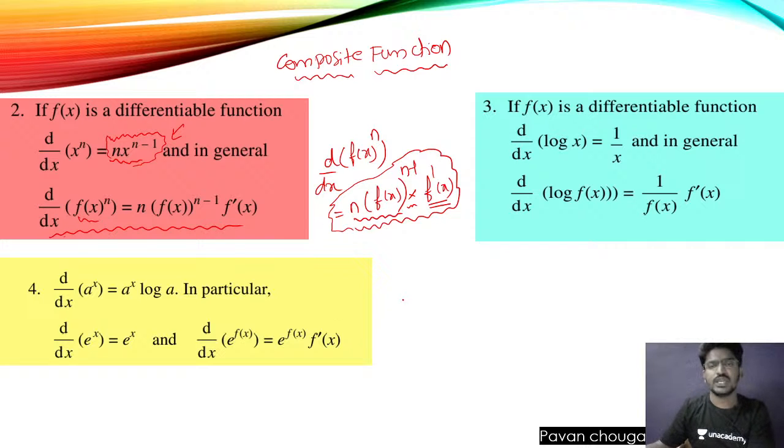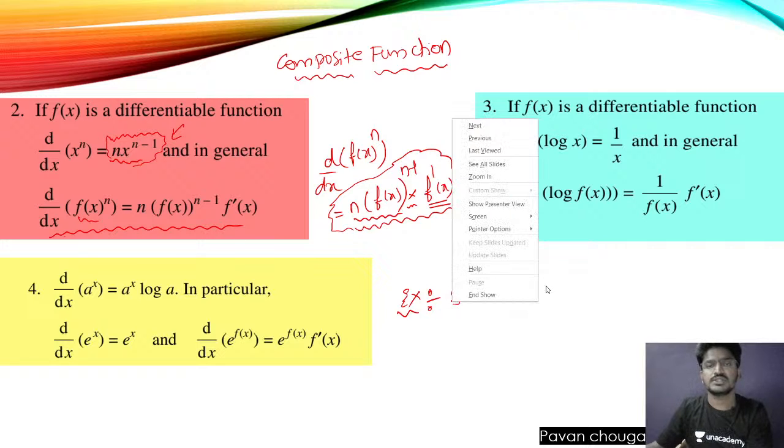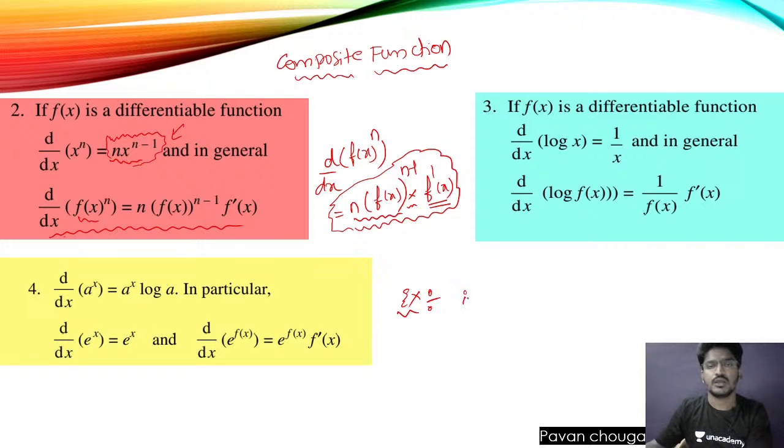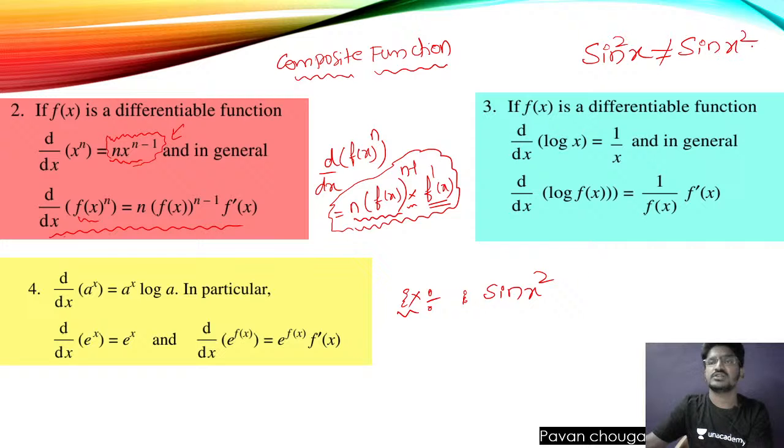Okay, let us take one example so that it will be very clear. See this. If I write sin x square, this thing you have to differentiate. This is not sin square x. See, sin square x is not equal to sin x square.